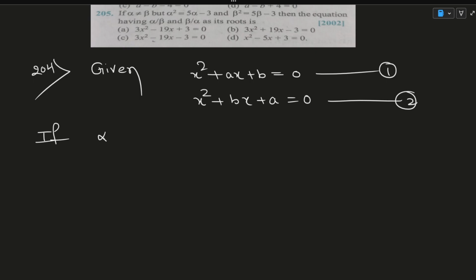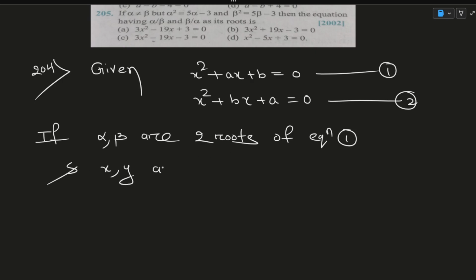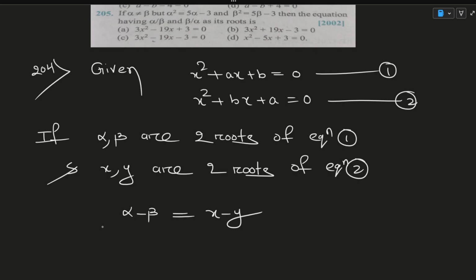So if alpha, beta are the two roots of equation 1 and x, y are the two roots of equation 2, then the given relation is alpha minus beta should be equal to x minus y.